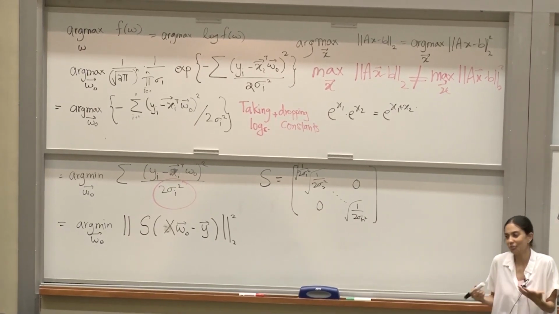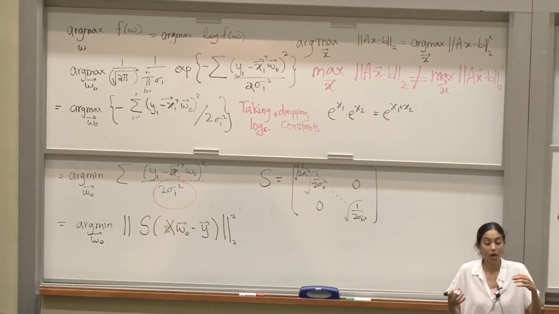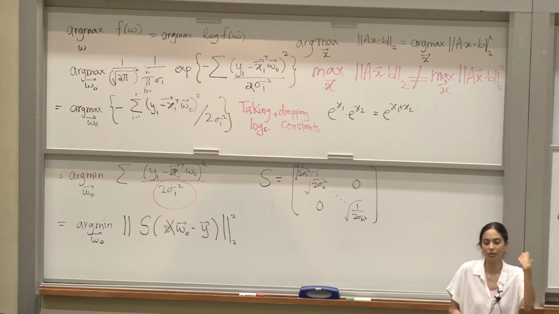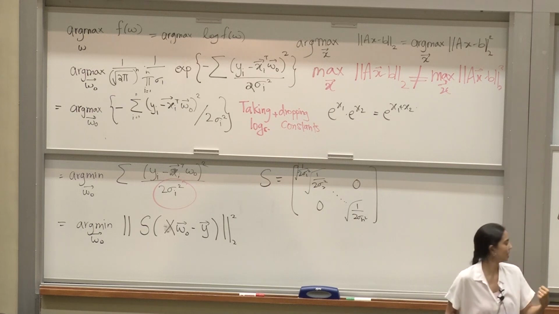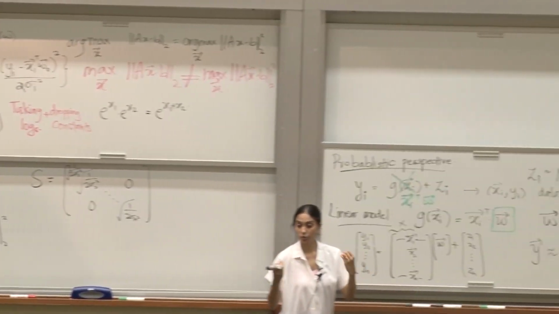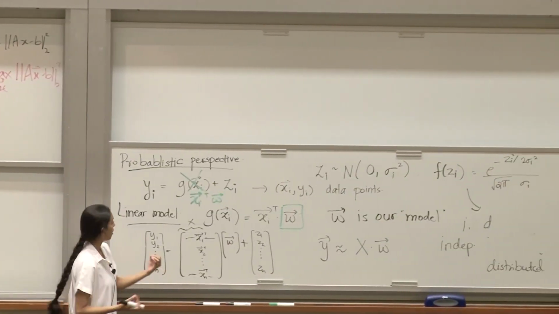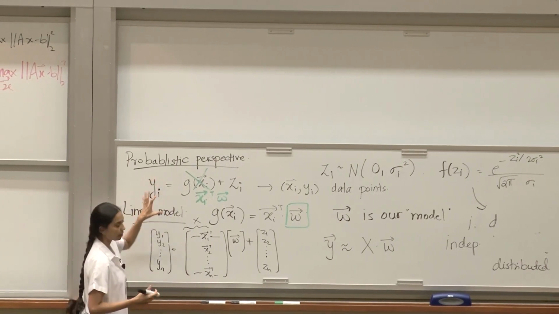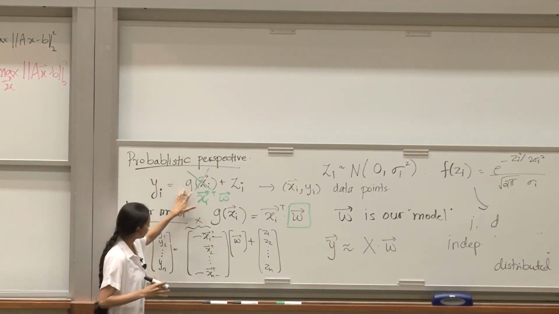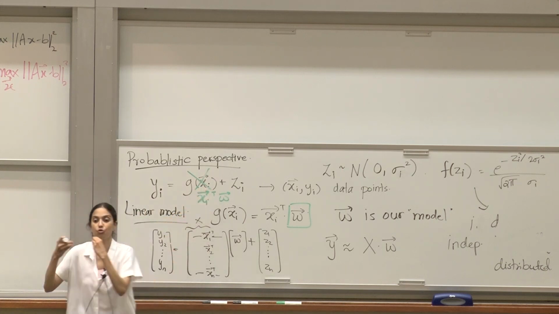No, so the thing is that we're not actually adding noise to our data. We're creating a model that represents our data. What I mean is that I believe the true relationship might be some g of x gives me y true.